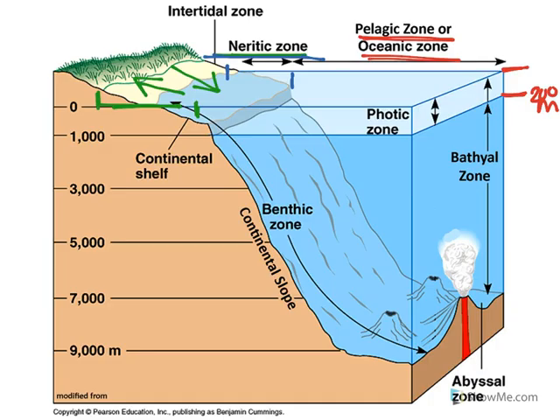Then we move down to the bathyal zone, which is 200 meters down to about 4,000 meters. And in the bathyal zone, there is almost no light. And as you go down, the pressure increases because the weight of the water above you is just pushing down.